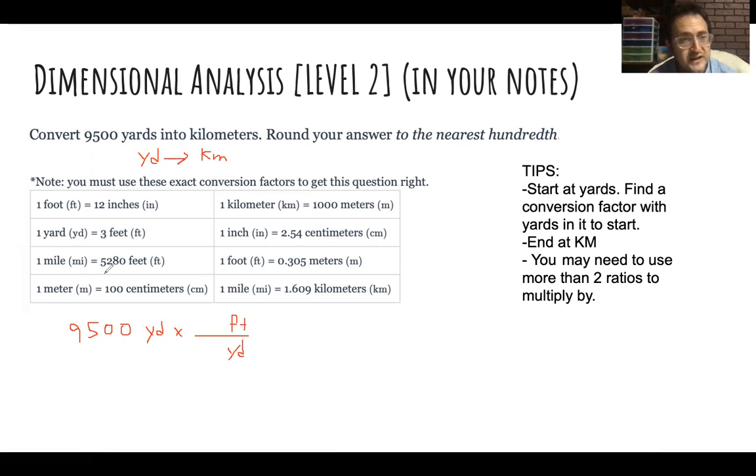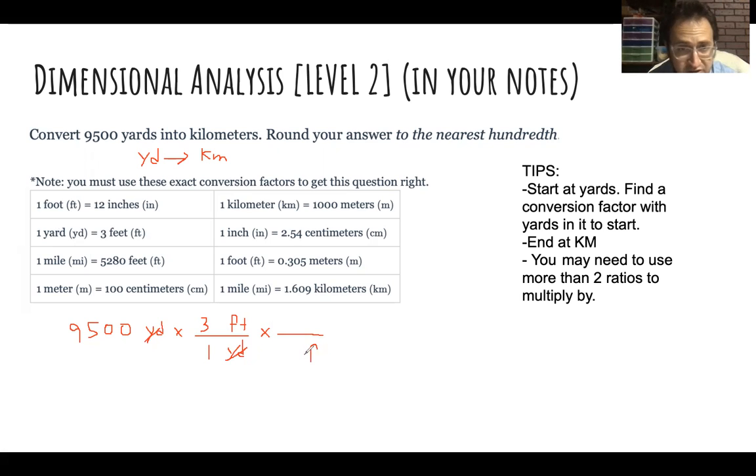So I'm going to put the 1 yard on the bottom and the 3 feet on the top. And we can see that the yards cancel. Now, obviously, I don't want my answer to be in feet. I want my answer to be in kilometers. So I have to keep finding those conversion ratios.